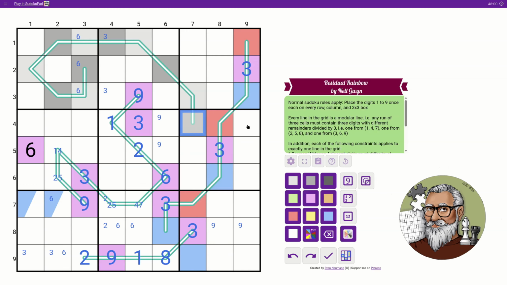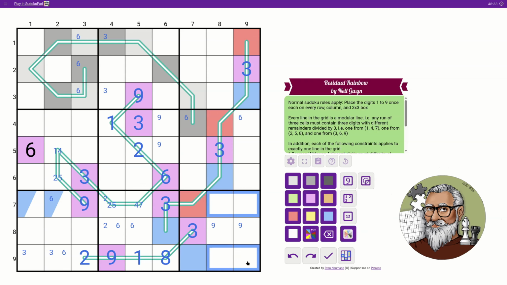One of these is 6 again. One of these is 6. What does that mean? Not much.